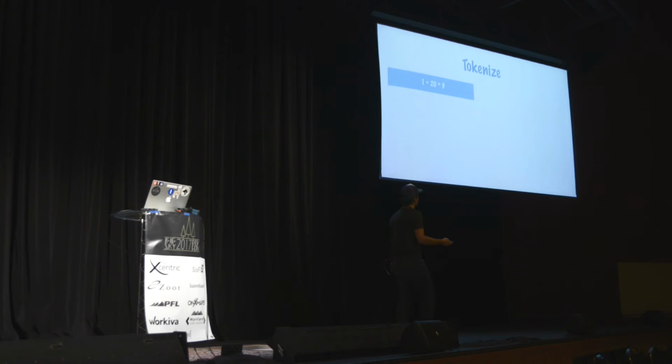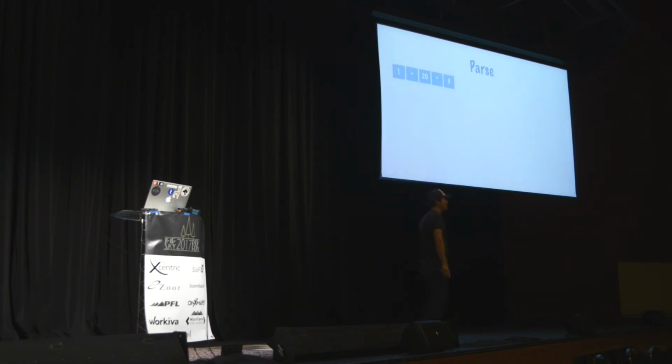It'd be wrong if you did 1 plus 20 to get 21 times 3, and that's, what, like 63 or something? So first step of that, we're going to tokenize it. We're going to get some tokens out of here. You notice 20 is a token, and 2 and 0 aren't separate tokens in this case. Times is a token, and 3 is a token. So we can think of this as an array of token objects.